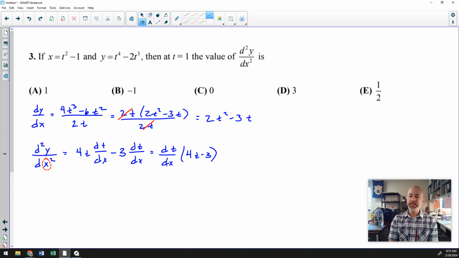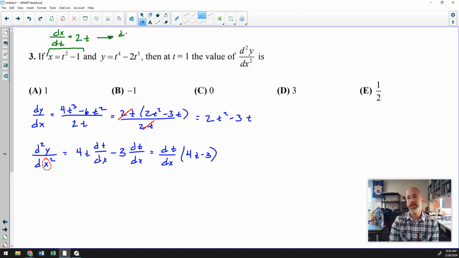But then we have this dt/dx. What can I do with dt/dx? Well, I have x here, and if x is t squared minus 1, then that means dx/dt, the derivative of x with respect to t, would just be 2t. And I don't need to do that implicitly because I am differentiating with respect to t. And the beauty of Leibniz, it behaves like a fraction. It does. So if dx/dt is 2t, I can flip both sides, raise them to the negative 1 power.